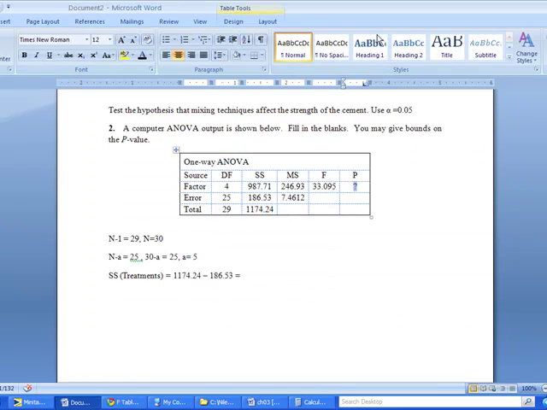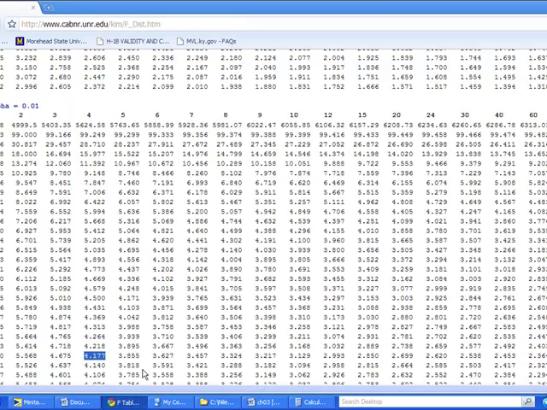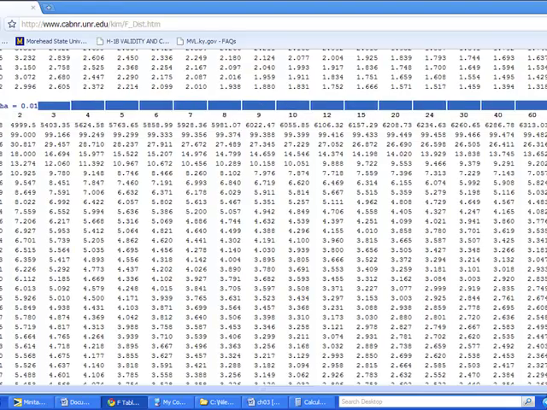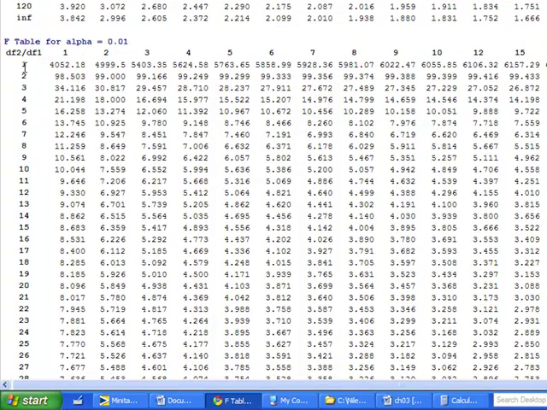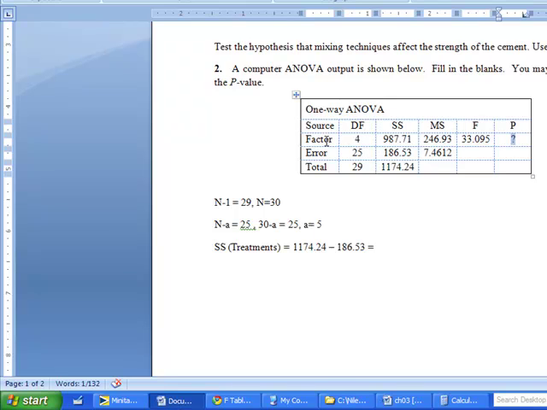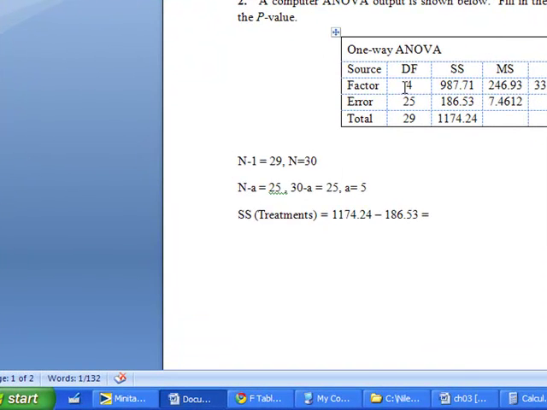In these tables, the first degree of freedom is in the row here, and for the second degree of freedom you can see the values in this column, right? Our first degree of freedom, for the factor, is 4, and the second degree of freedom, for the error, is 25.